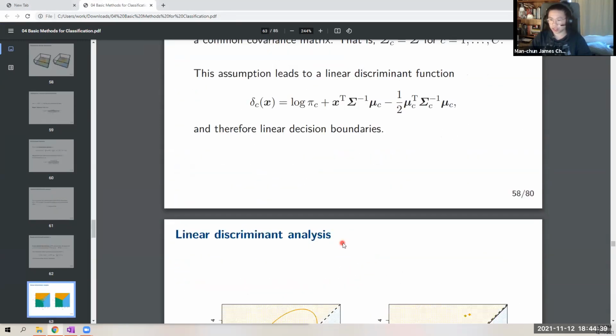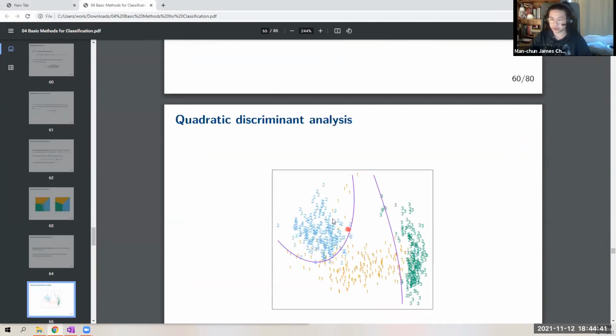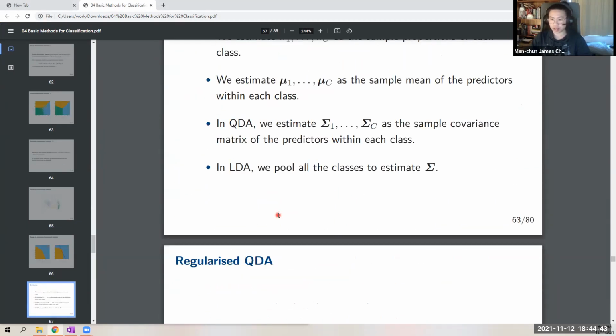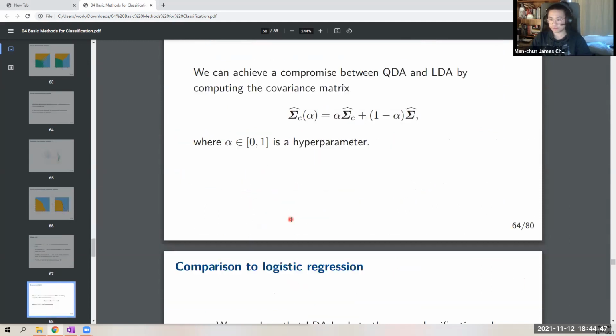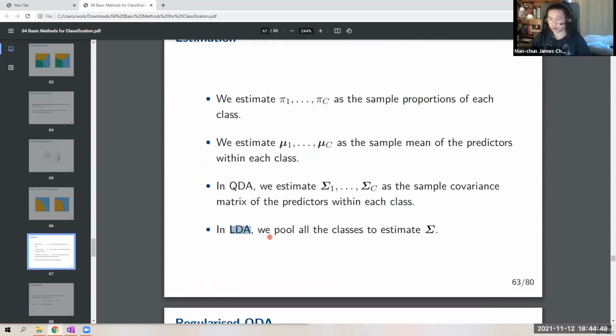So be very careful with the difference between the Bayes classifier, naive Bayes, and stuff like this. Now in classification we have three things: logistic regression, LDA, QDA, and k-nearest neighbors.